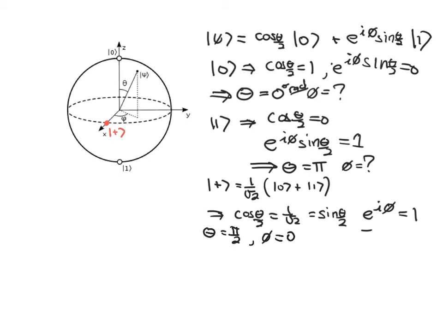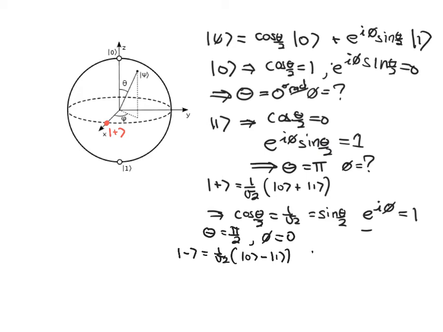And then similarly, let's talk about the minus state. The minus state is 1 over the square root of 2 times the 0 basis state minus the 1 basis state. So that means that cosine theta over 2 is still got to be 1 over the square root of 2.